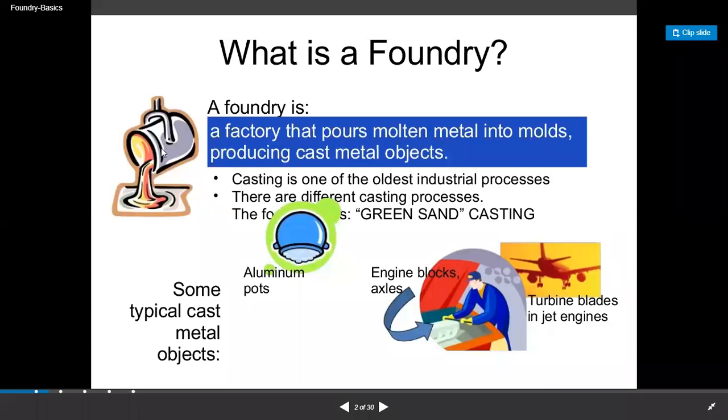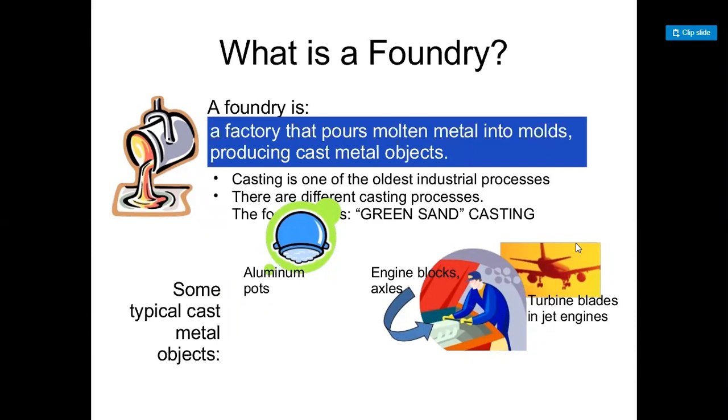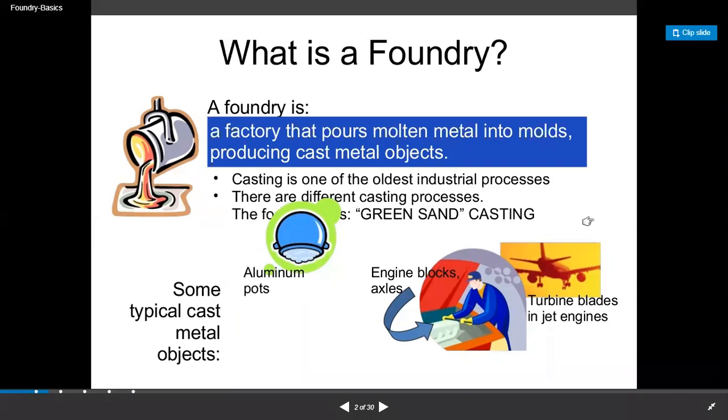There is a method of pouring molten metal into the casting box, producing aluminum pots, engineering blocks, axles, turbine blades in jet engines. So for turbine blades, how should they be made, how should they be produced, and what are the different steps involved in producing turbine blades?